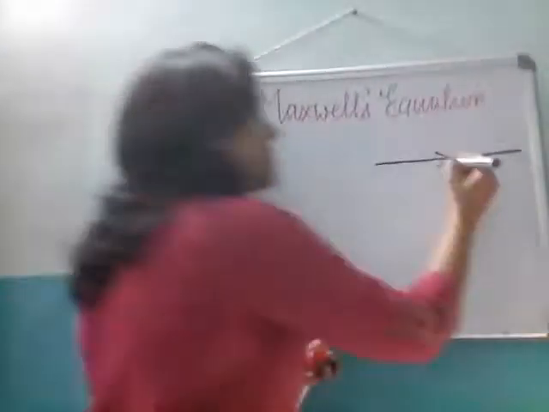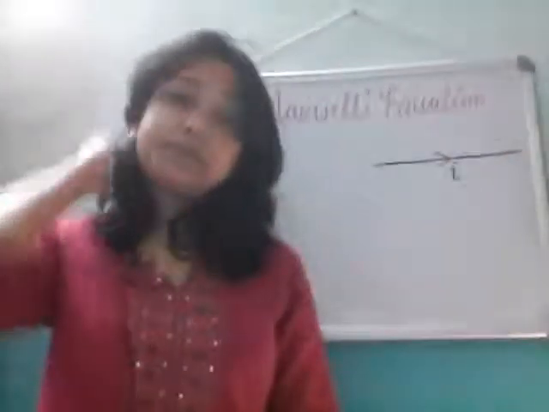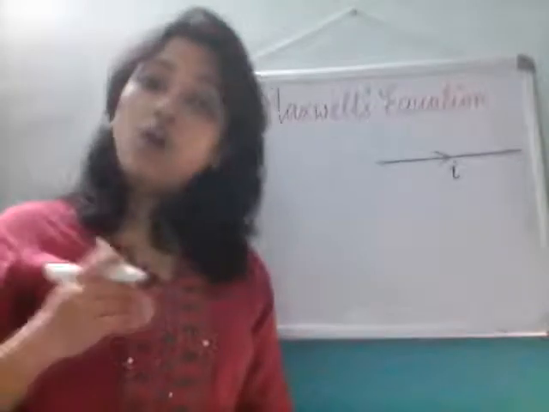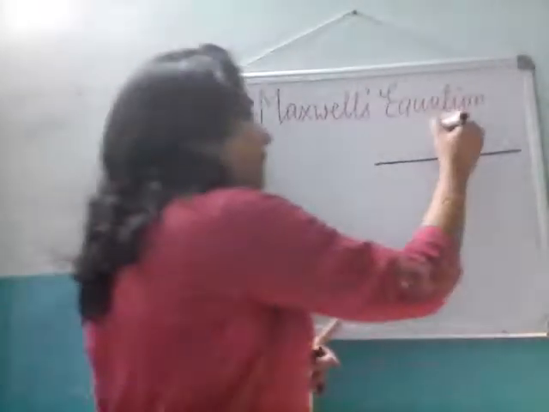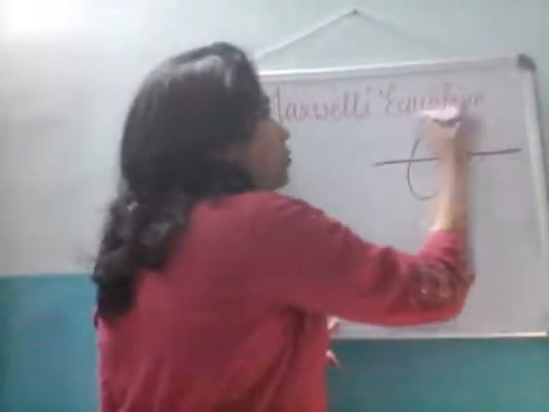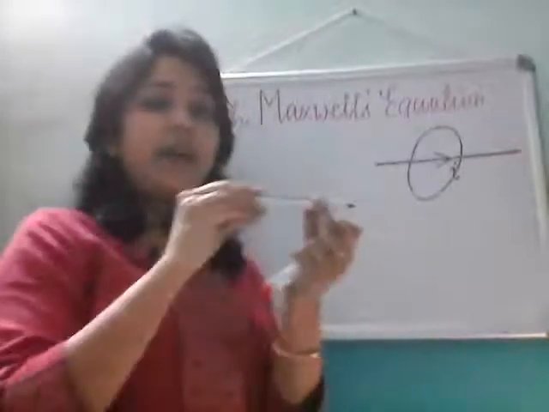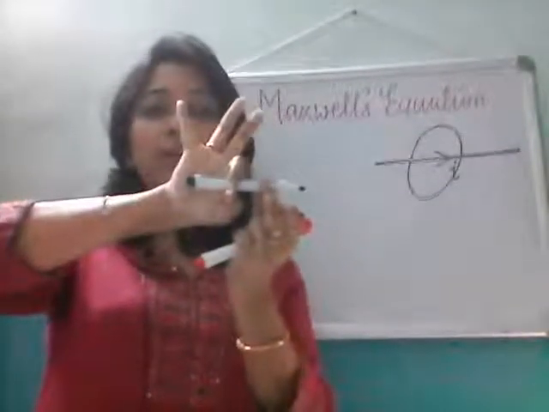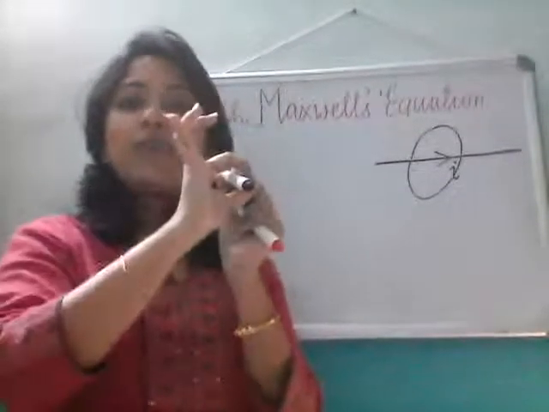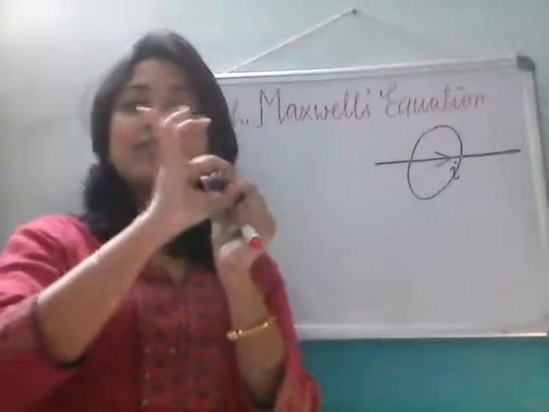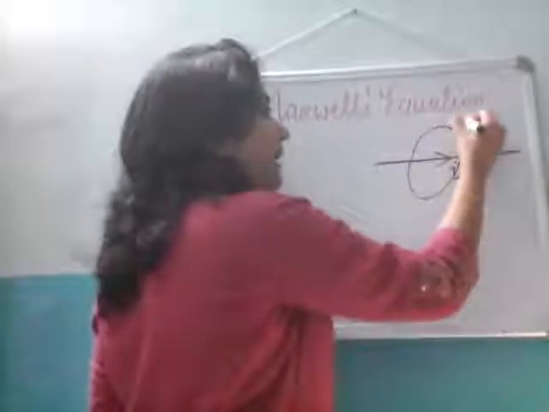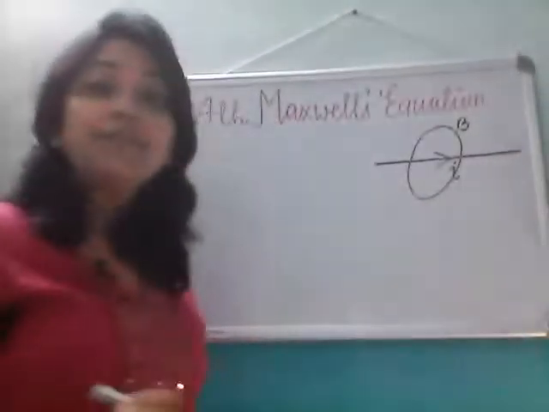And suppose the current flowing in the circuit is I. Then as per Ampere's law, if I draw a closed loop, so this is my wire and I am drawing a loop enclosing this conductor, then at any point on this I can calculate the magnetic field.